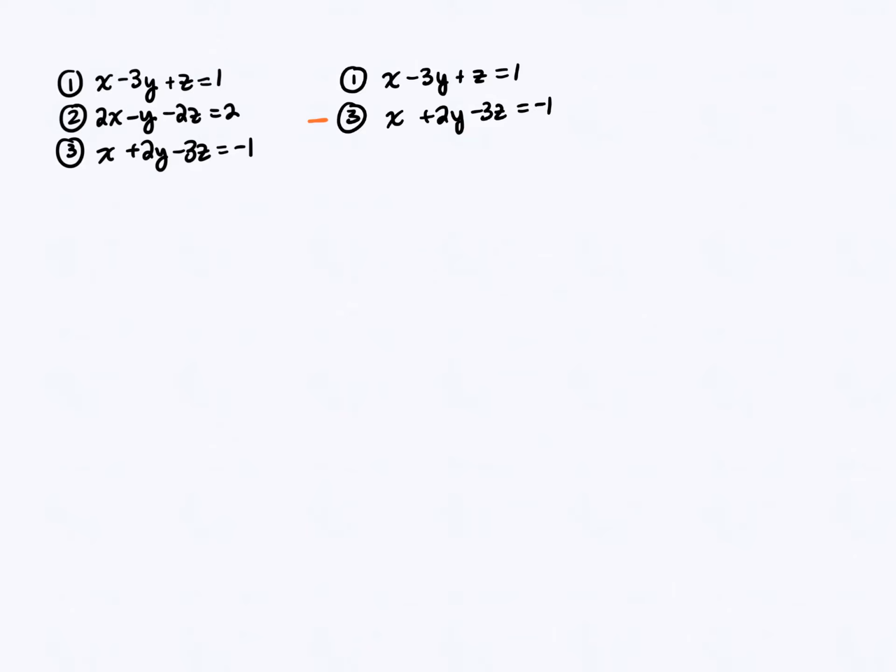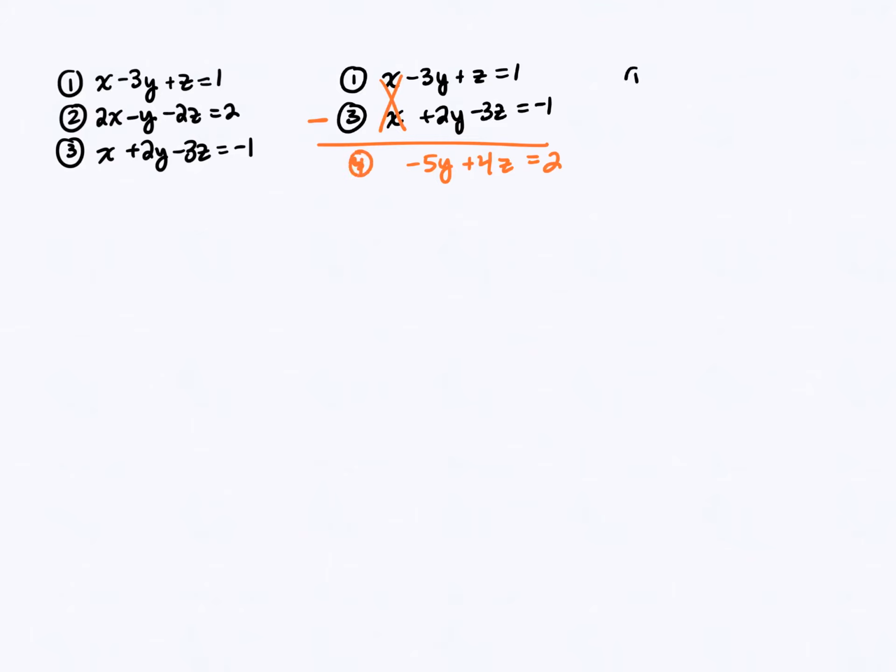Or if it makes you happy, go ahead and multiply equation 3 by -1 and then add them. Either way, if you subtract them, we're going to get 0x, -3y minus 2y is -5y, z minus -3z is plus 4z equals 1 minus -1, which will be 2. So I'm going to call that equation 4.